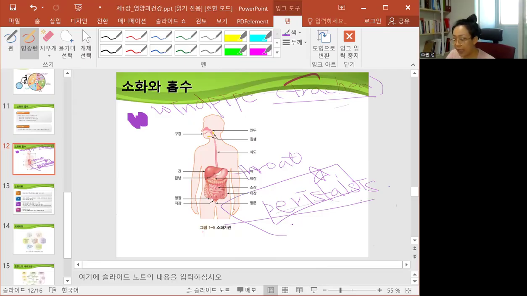The esophagus is a long tube that moves food down into the stomach. This process is called peristalsis. Muscles squeeze and push food.